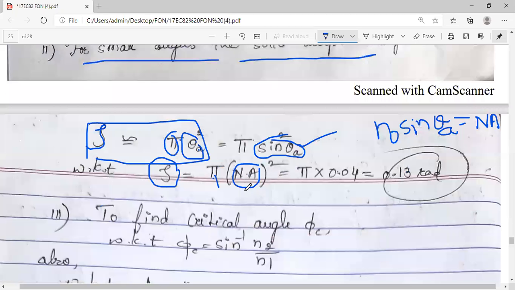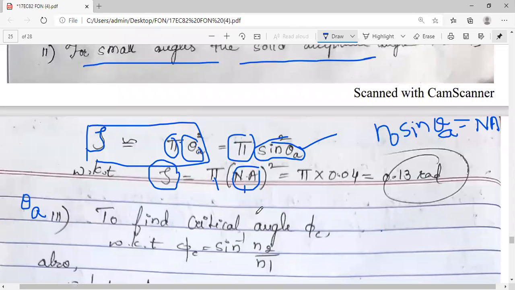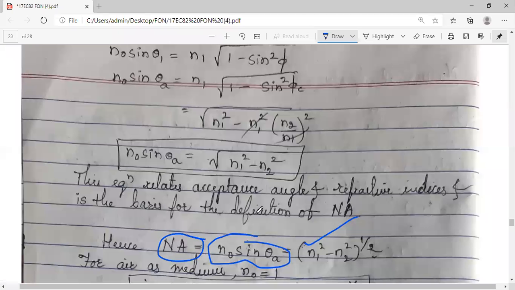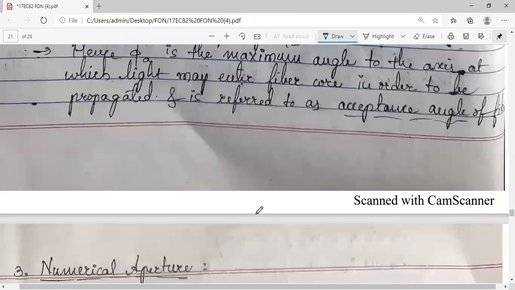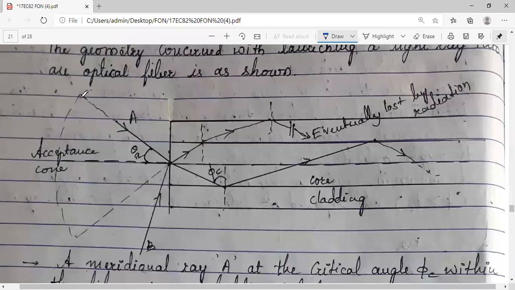I have taken this pi into, this is the consideration I was telling you. When we are talking about solid acceptance angle, it is not simple theta a. We need to consider the conical shape, solid. So it is like this, right? Let me show you the figure. When you are talking about this complete cone, the solid acceptance angle, you need to consider over the axis.